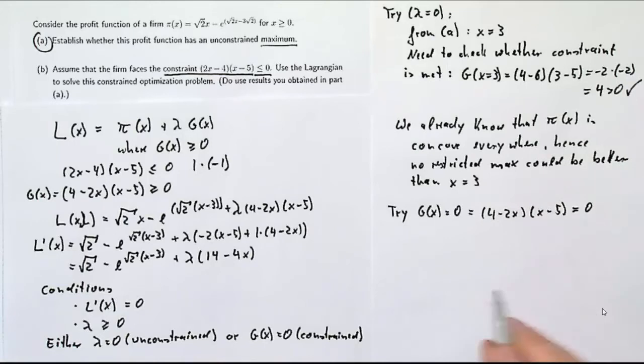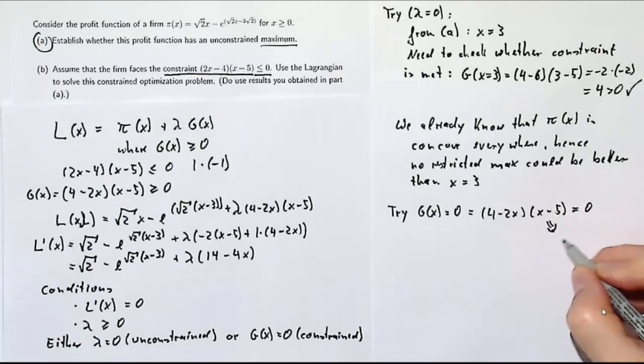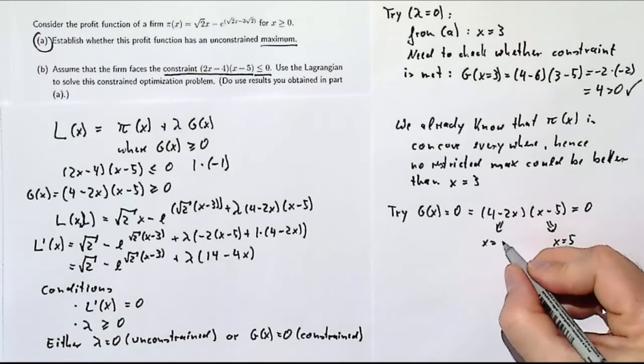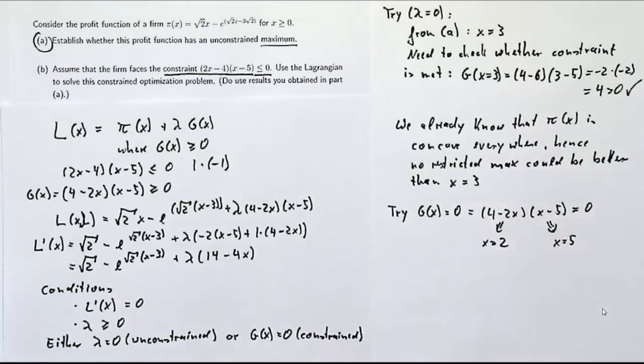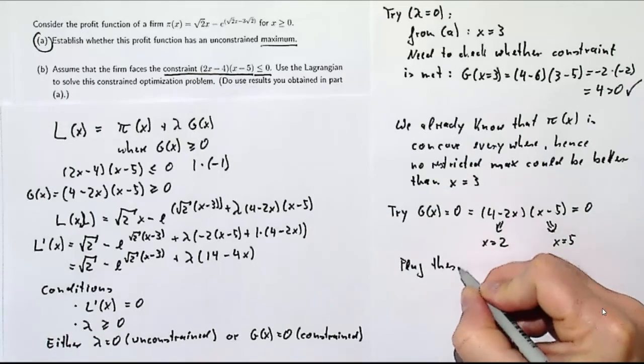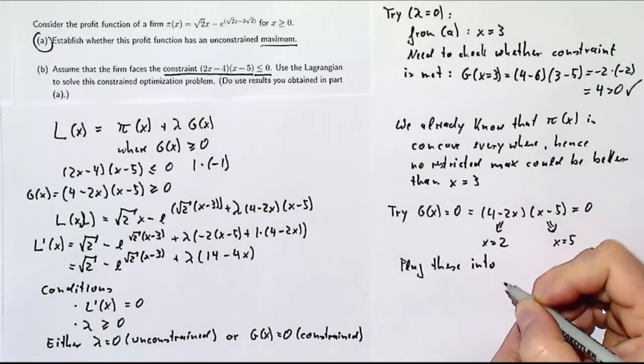But what would you do if you either could not say that, or if perhaps you didn't see that immediately? You would try the constraint solution, and we do that by setting the constraint to 0. And we can see from this form that we get two solutions, at x equals 2 and at x equals 5.